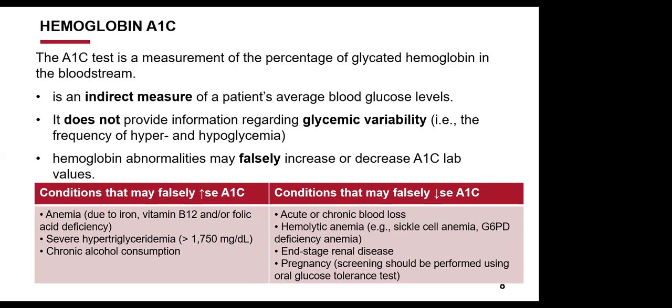Things like anemia, severe hypertriglyceridemia, chronic alcohol consumption, all these tend to increase the A1C, while things like acute and chronic blood loss, hemolytic anemia, even patients with end-stage disease and pregnancy, all these tend to falsely decrease the A1C. So in that case, the glucose values tend to be more accurate.